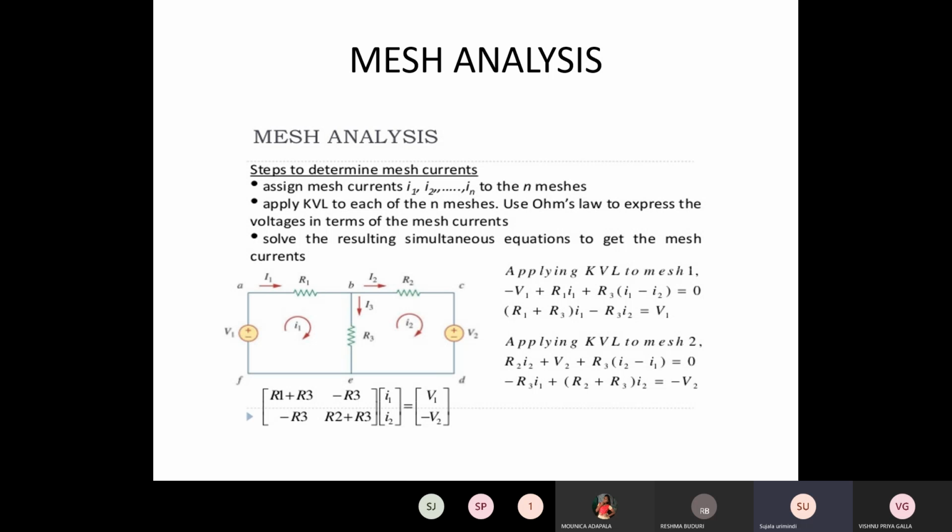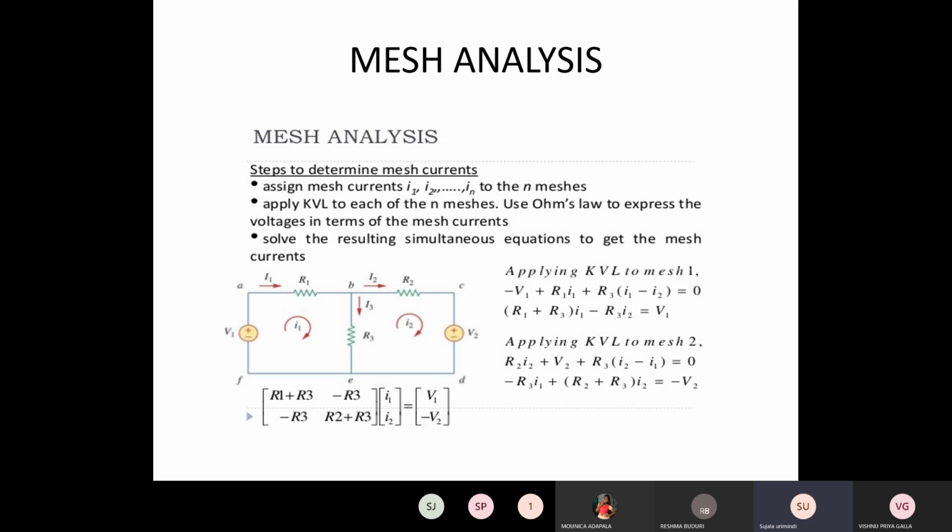When you write the R3 equation in terms of the first loop, you have to give priority to the first loop current. That means plus to minus R3 into I1 minus I2. Why? Because the directions are opposite. When the directions are the same, then you simply take I1 plus I2.